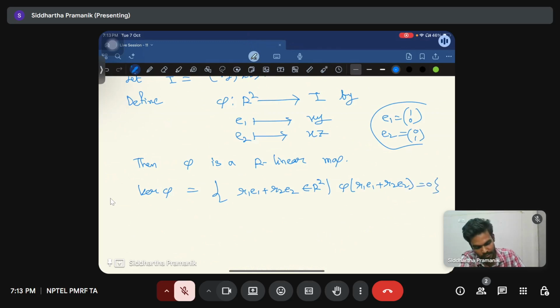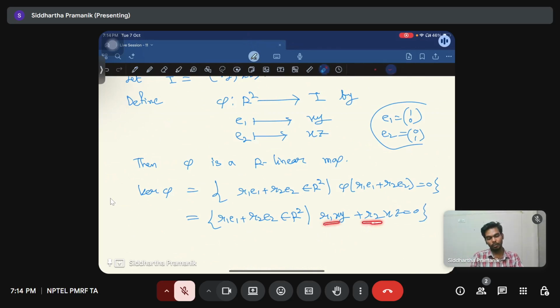But what is this? This is all R1 E1 plus R2 E2 belonging to R squared, such that R1 xy plus R2 xz is 0. So this is basically the collection of all R1, R2 which gives the CGD of xy and xz.